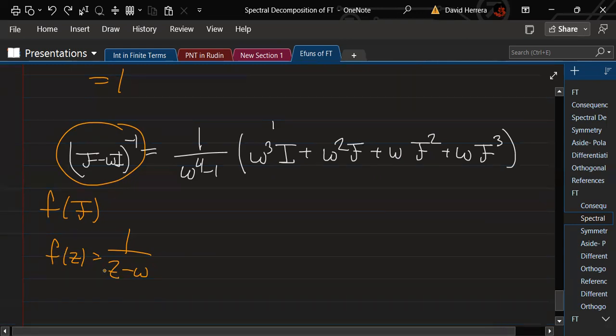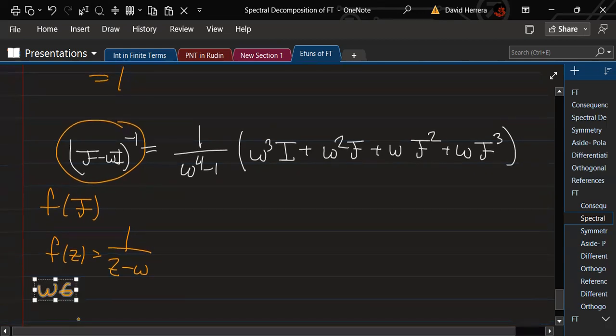It's not defined at omega equals z. This function here is not defined at omega equals z, but those are the omegas that I'm not allowed to pick. So the z's are basically going to be the things in the spectrum.